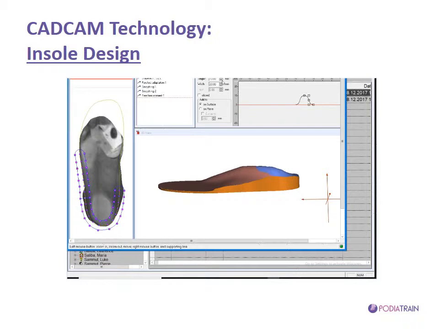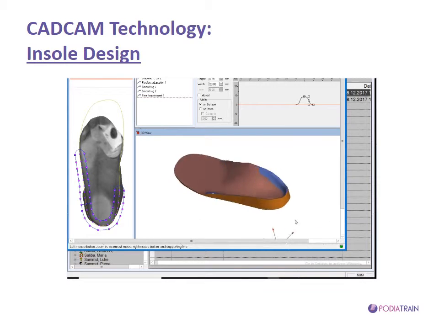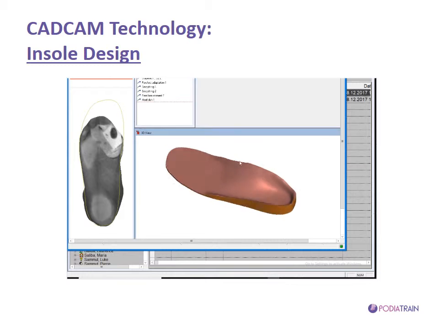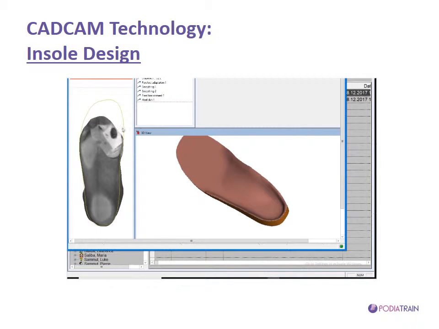So we can see that the insole is being designed until we get an acceptable type of rear foot. Now, in order to offload this area here of the ulcer, we are going to draw a custom type of pad.